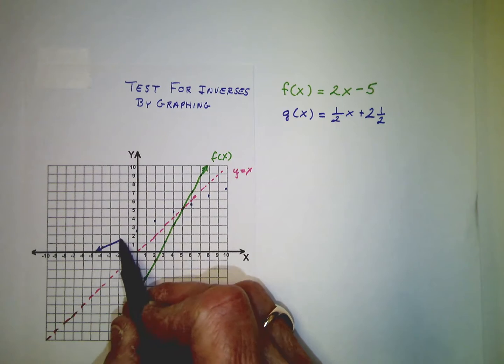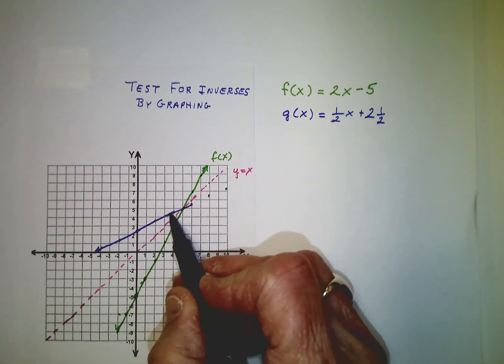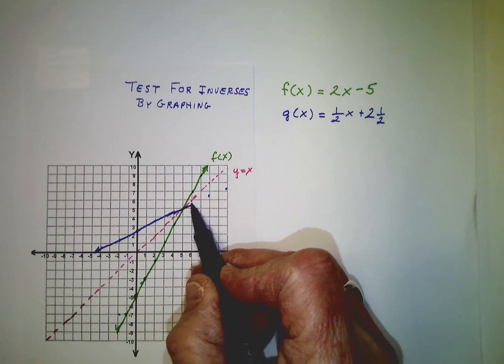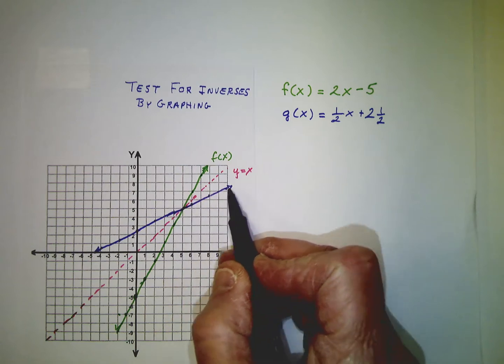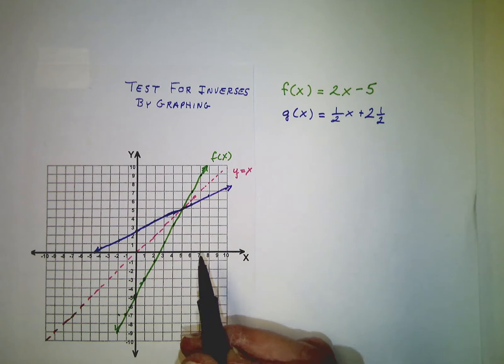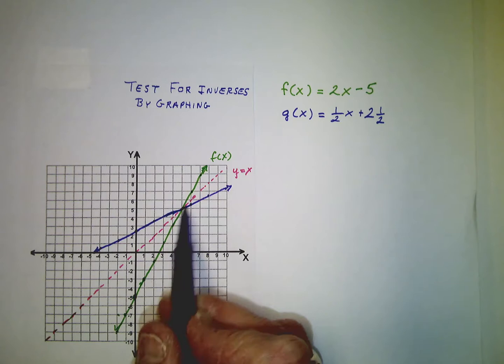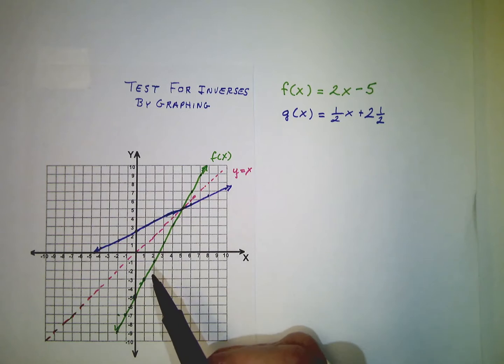We get the idea. And I'm having trouble drawing a straight line, but these are indeed reflections across the diagonal line y equals x.